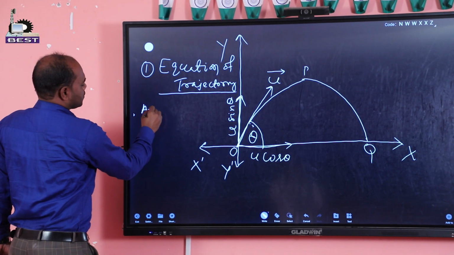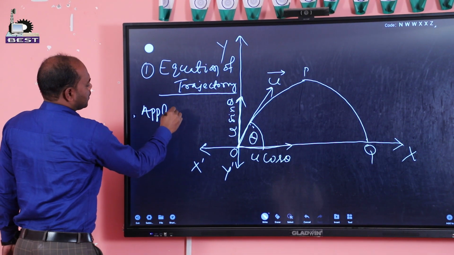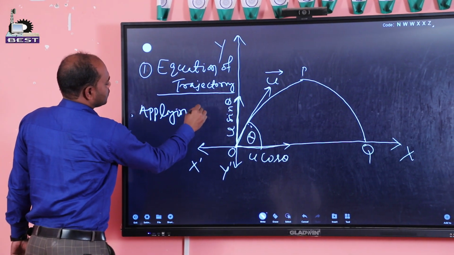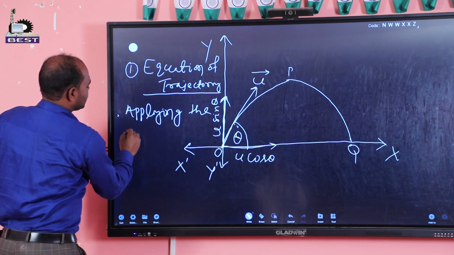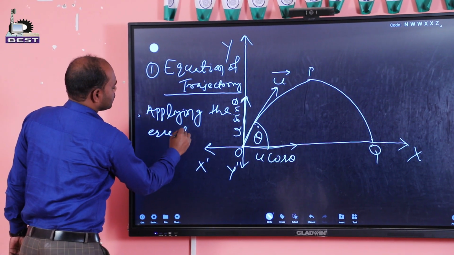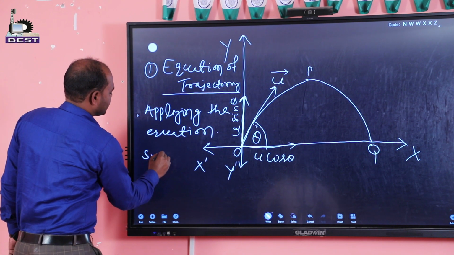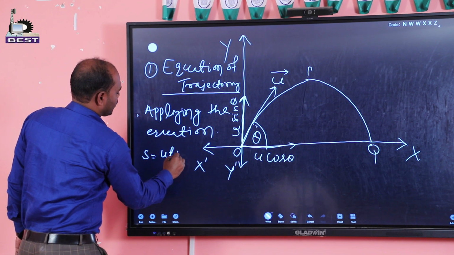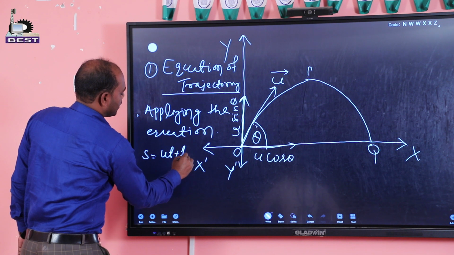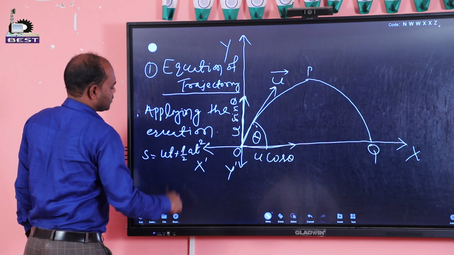Applying the equation s equal to ut plus half at square.